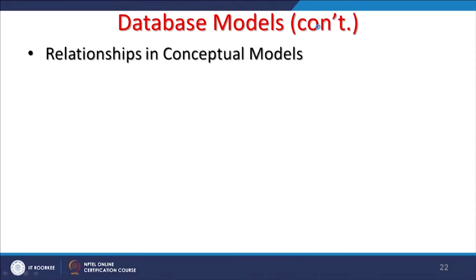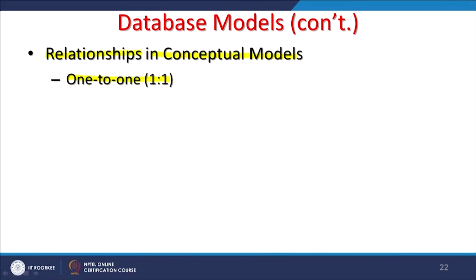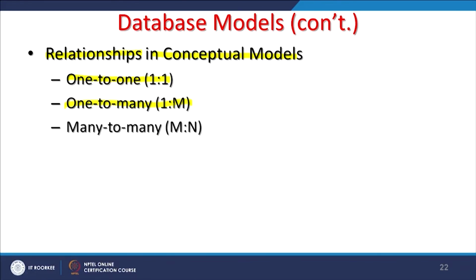The most common one which GIS is related with is the relational database in the conceptual model. So we start thinking from that. Now, the relationship can be one-to-one, one-to-many, or many-to-many. So three scenarios are possible: one-to-one, one-to-many and many-to-many.